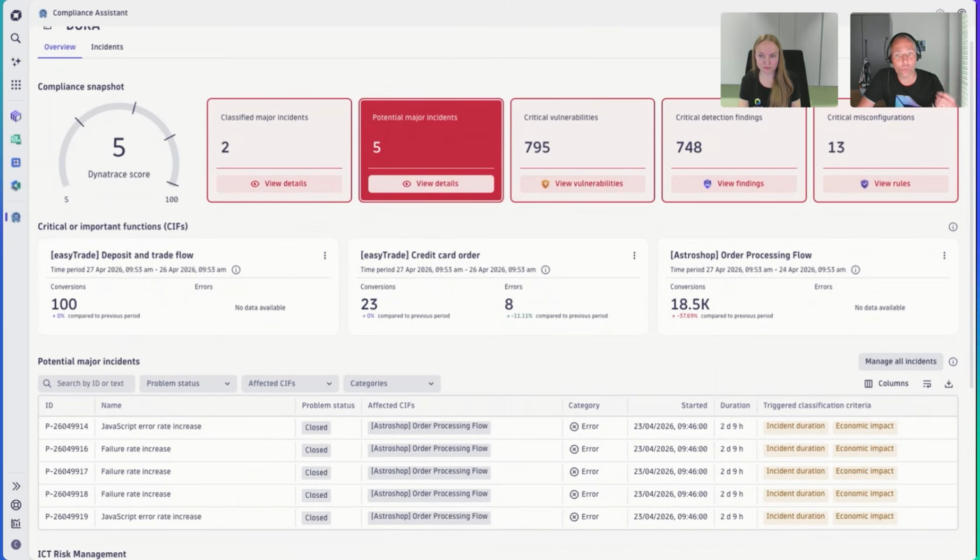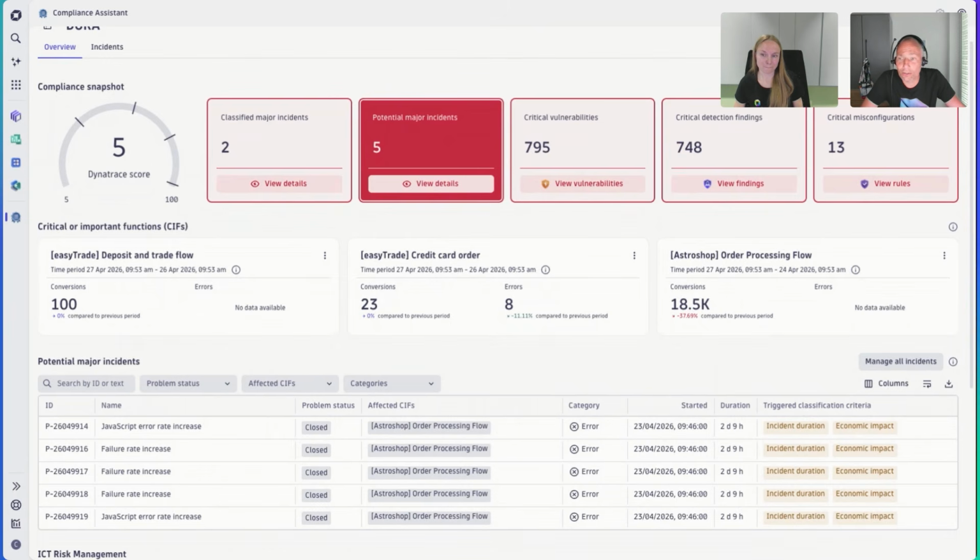Knowing what business functions are currently impacted by a technical problem, a vulnerability, a configuration issue, really helps me to focus on the right things. And I think it's phenomenal that all of this is so well interconnected.